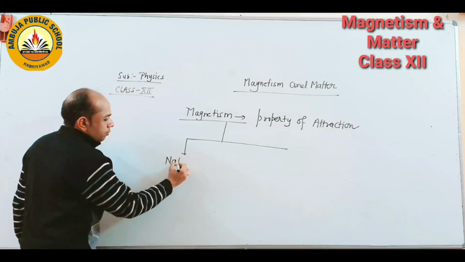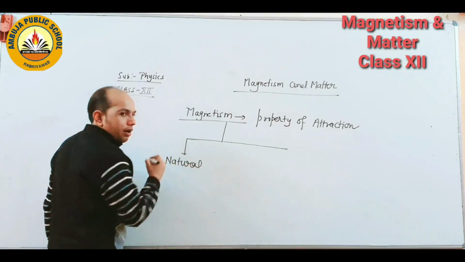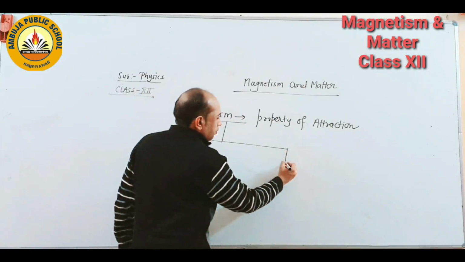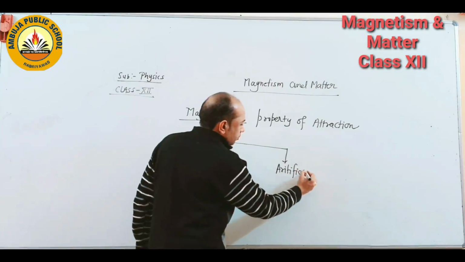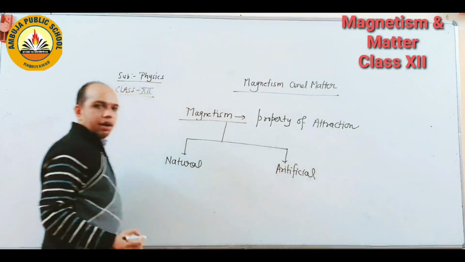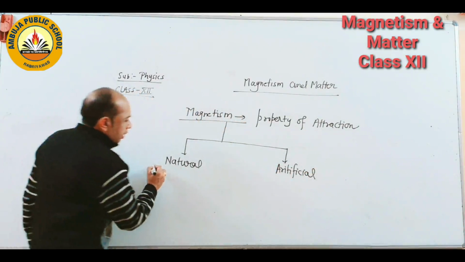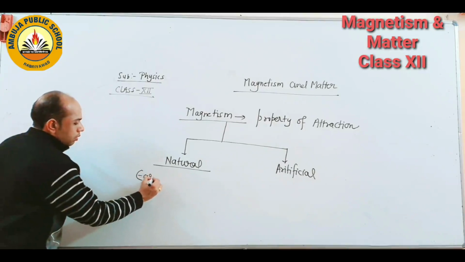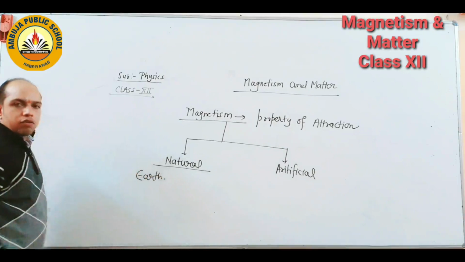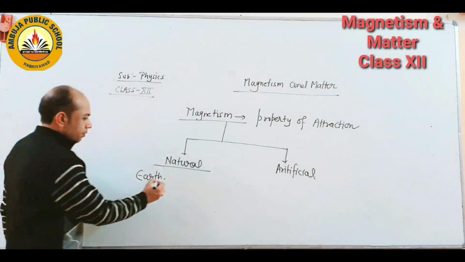natural and artificial. Natural and artificial magnet. In natural magnets, Earth is called a natural magnet.